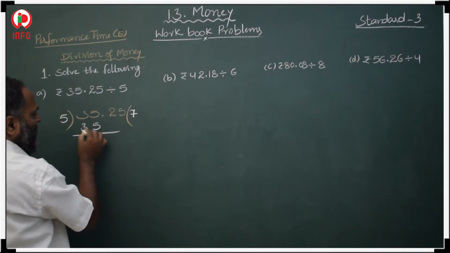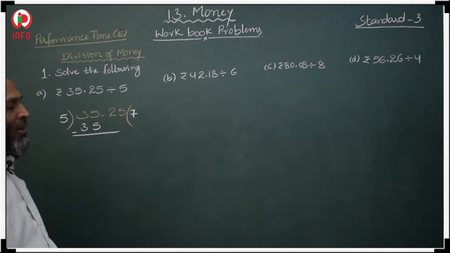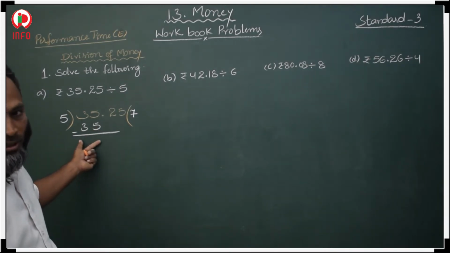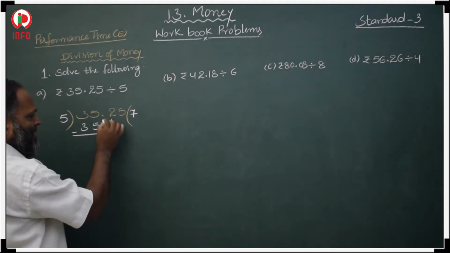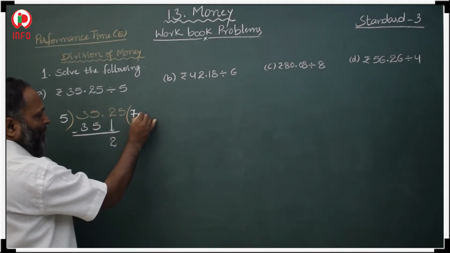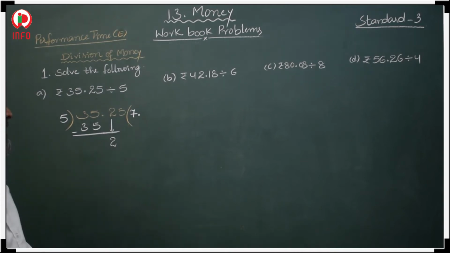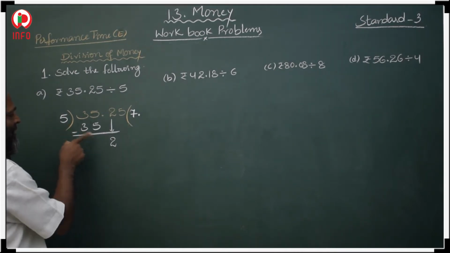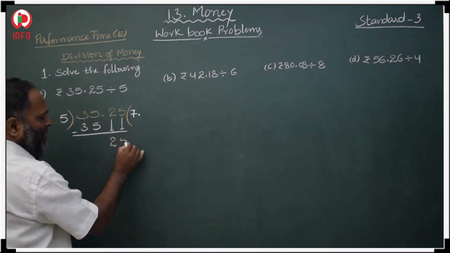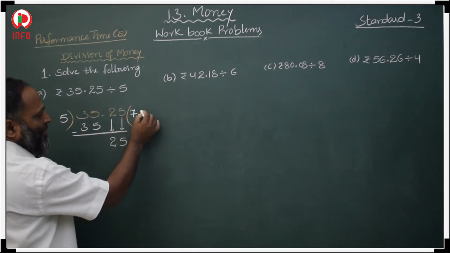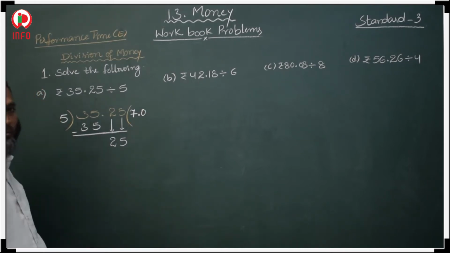35 minus 35 is 0. No need to write 0. Then after that copy the next, that is 2. The decimal number we are copying, so you keep a decimal in our quotient. So then 2 is less than the divisor, so copy the next digit, that is 5. If you copy 2 digits at a time, you keep a 0 here. Okay.